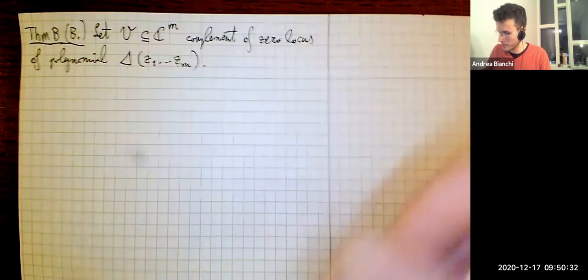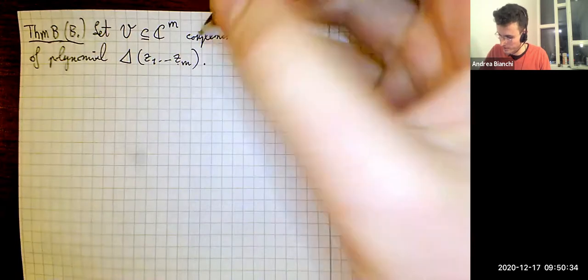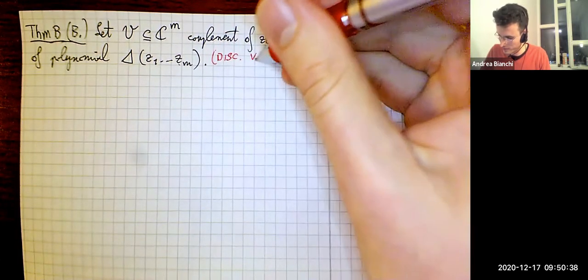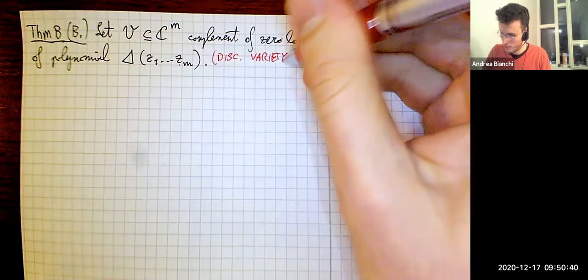Okay, so I will call this a discriminantal variety. So this is my definition of discriminantal variety. So in particular, this inclusion is open.